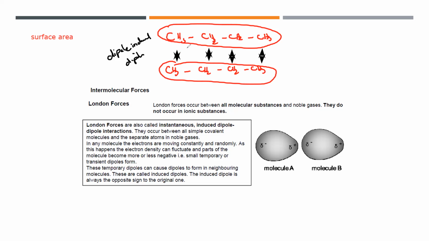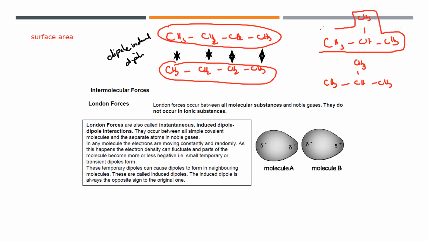When we check a straight chain alkane, which in this example is butane, or if we have 2-methyl propane, this is one molecule, and this is another.